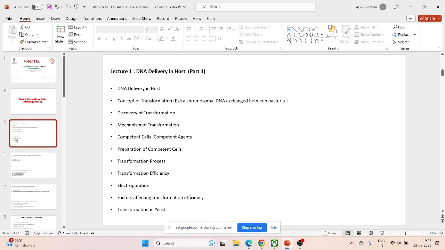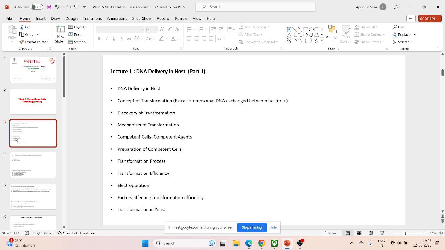Apart from transformation, we can do electroporation. Then the factors that affect transformation efficiency, and transformation in yeast. These were the topics covered in the first lecture.